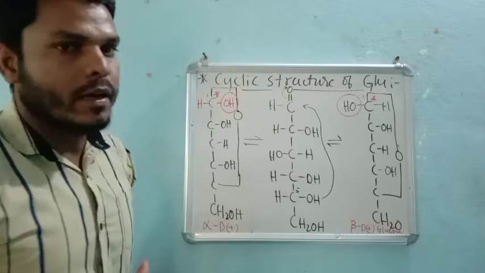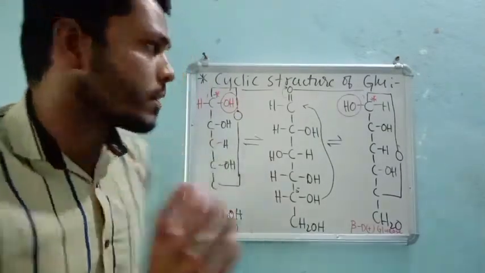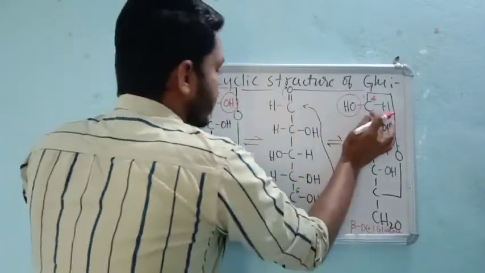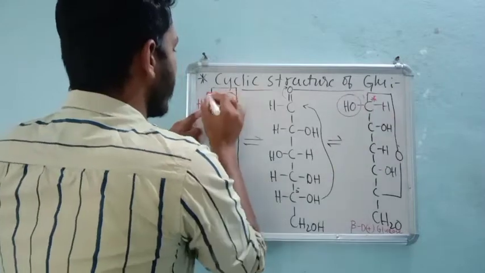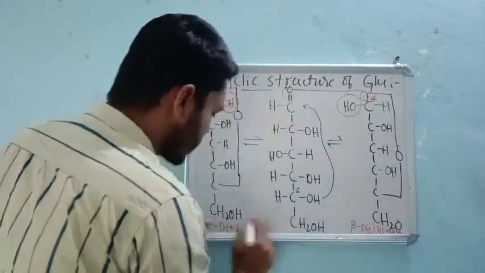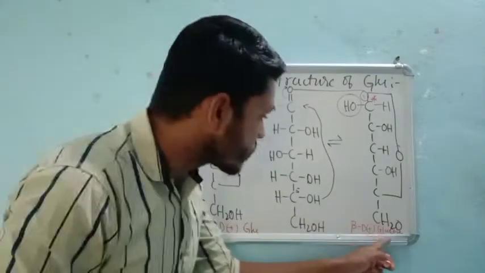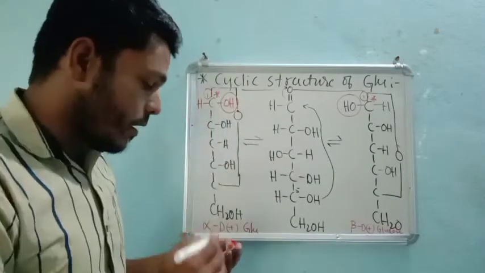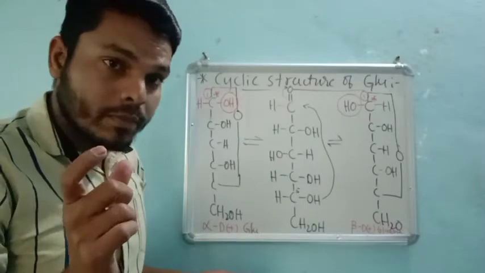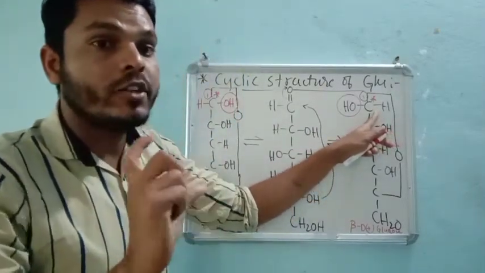See here, anomers can be decided based on the same carbon. The carbon number is the same, and the compound is also the same, that is glucose and glucose. Very important. The number of carbon is also the same, but with respect to the first carbon atom, the geometry changed.